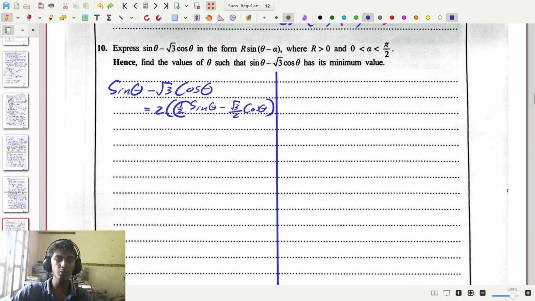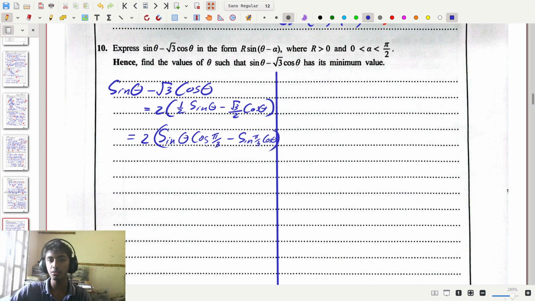So we need to convert this into cosine of something and this into sine of something. So we're going to convert this into the cosine of 60 degrees and this into the sine of 60 degrees. Therefore, we're going to write this as being equal to 2 times the sine of theta times the cosine of 60 degrees, which you can write as pi by 3 radians, and then minus the sine of that same value pi by 3 radians times the cosine of theta.